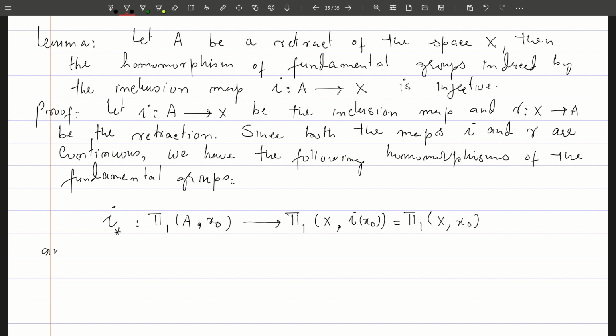And r star will be a map from the fundamental group of X based at the point x naught to the fundamental group of A based at r of x naught.